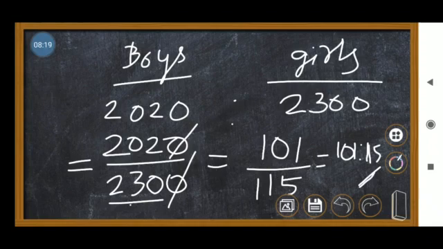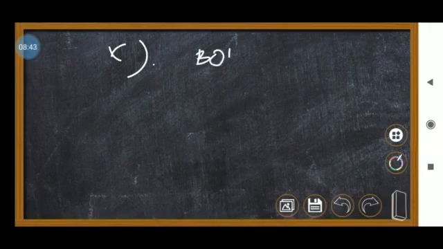Okay students, so the next thing is one more question they asked, number of boys to total number of students. Okay, the next option is C option, C subdivision. What they asked is the number of boys to number of students.